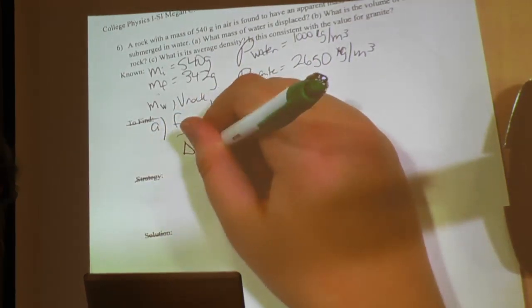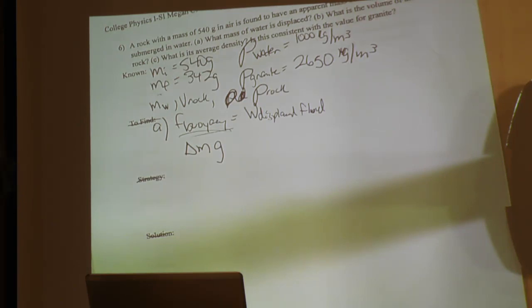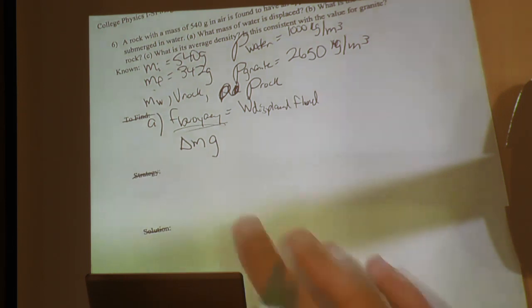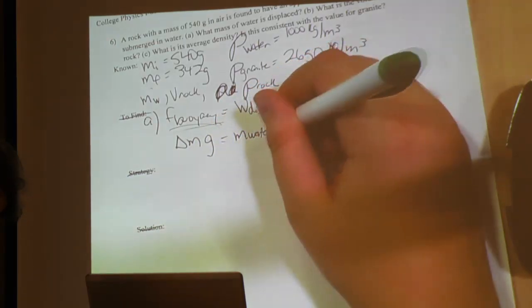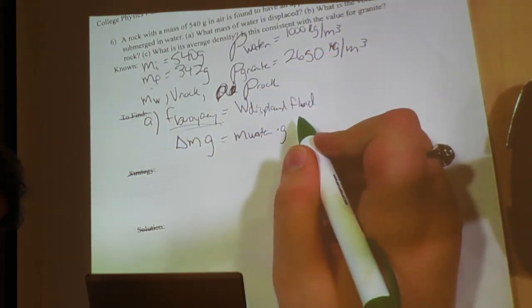The buoyant force is going to be equal to the change in the mass times gravity. Gravity is acting as the downward force, and again, we're talking about this pitcher that we're putting the rock into, so your downward force is gravity, and then we have a change in mass from the initial to the final, and this is going to be equal to the mass of the water times gravity. That's right here that I use. It's fine.